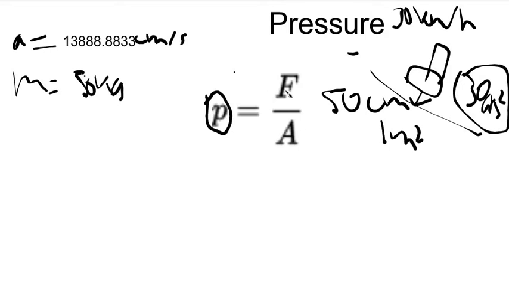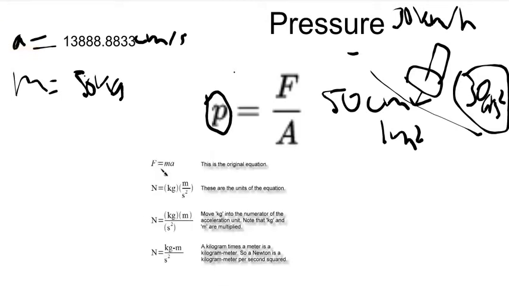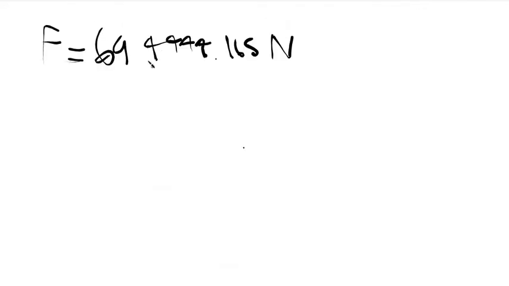So the force is going to be A multiplied by M, and as shown here, a newton is what force is measured in. So when we multiply all of this together, we get, so the force is 694,444.165 newtons. We still haven't found the pressure yet.